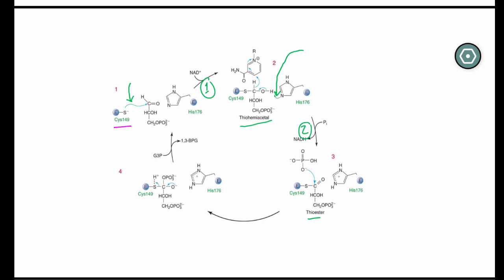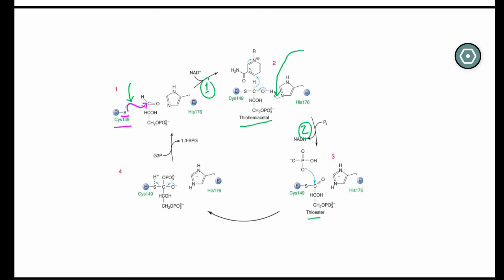What we have here is the cysteine side chain with that sulfur group on it. It is a deprotonated sulfur, which means it has a negative charge, and it is a nucleophile. Nucleophiles are going to attack electrophiles, and the carbonyl carbon here, it's actually an aldehyde, is really electrophilic, meaning that it can be attacked by a nucleophile.